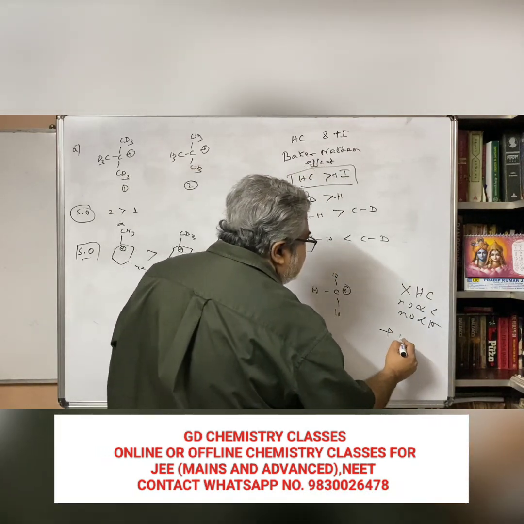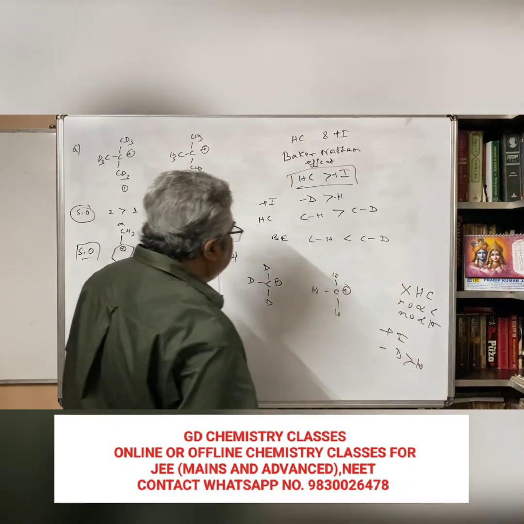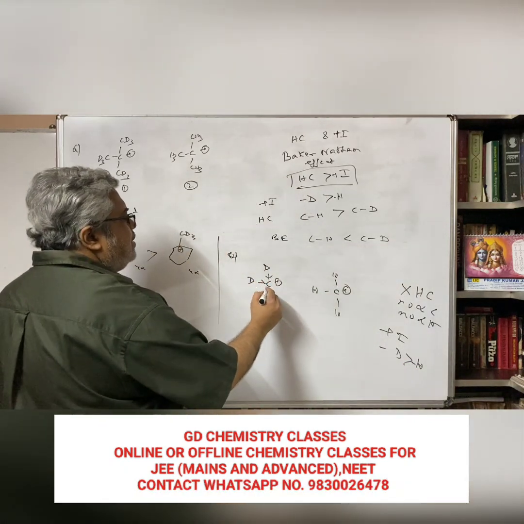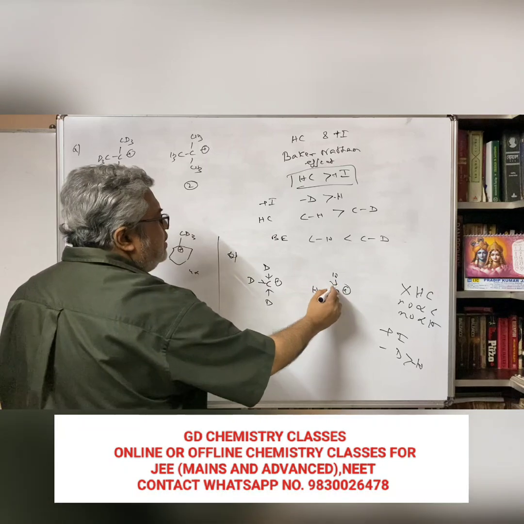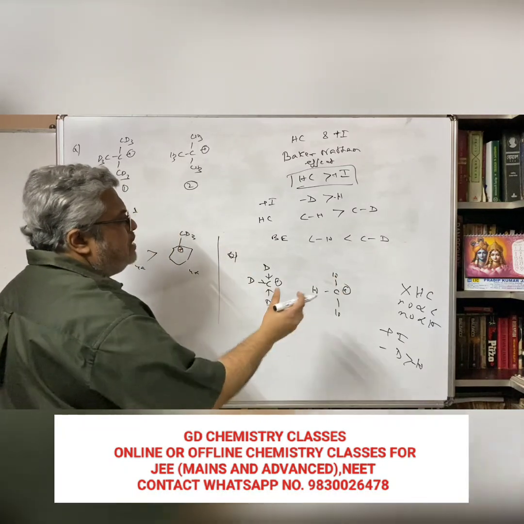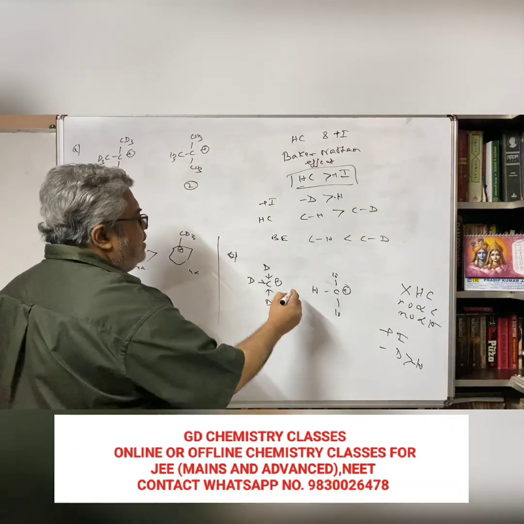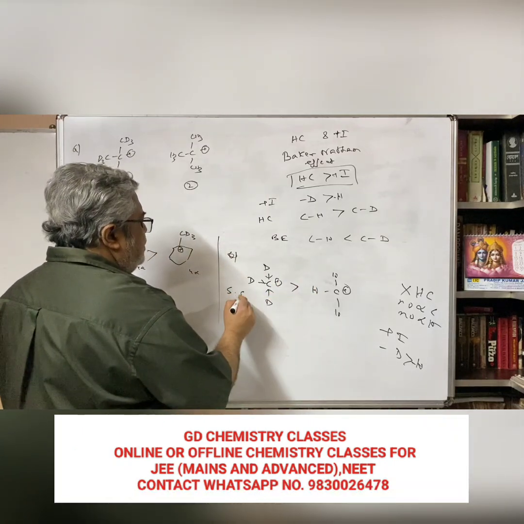Here there is only the plus I effect, and we already know the plus I effect of D is greater than H. Hydrogen does not exhibit either plus I or minus I; its inductive effect is technically 0. So here this will be more stable.